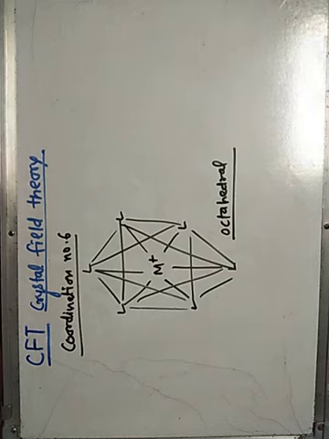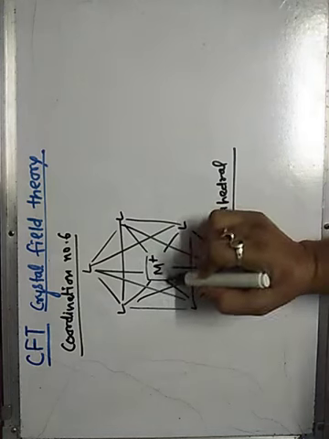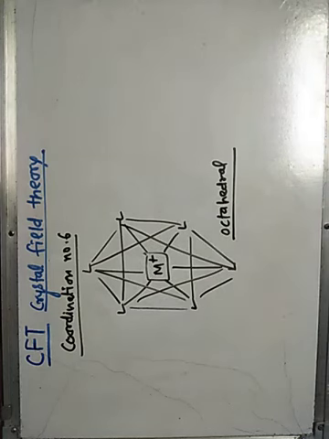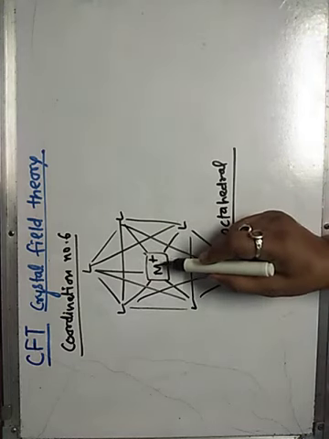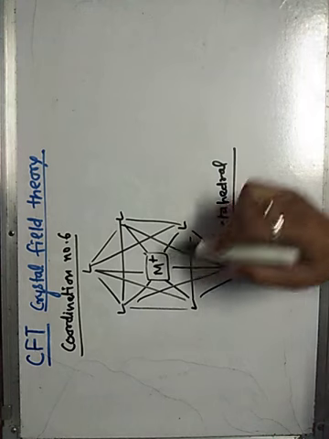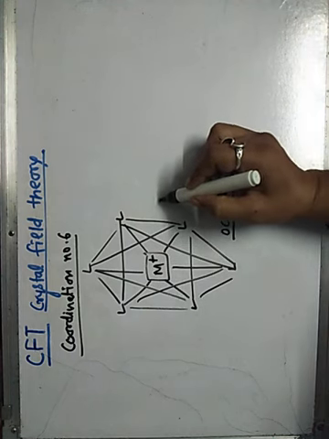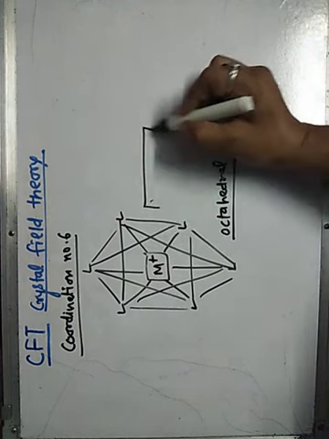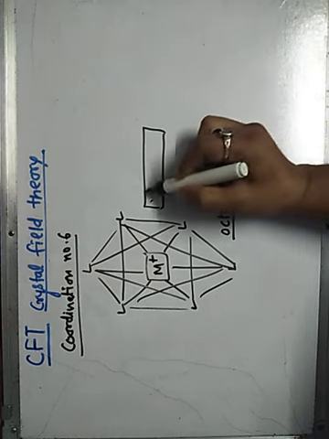Here in CFT, we have to see one thing: the central metal ion, and the central metal ion definitely consists of d orbitals, which are placed here.